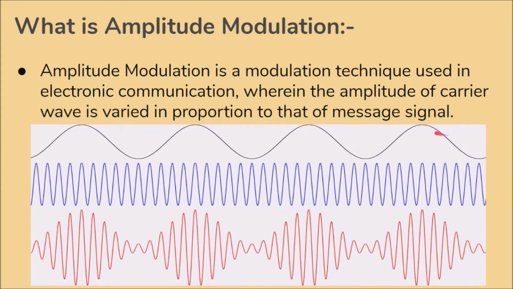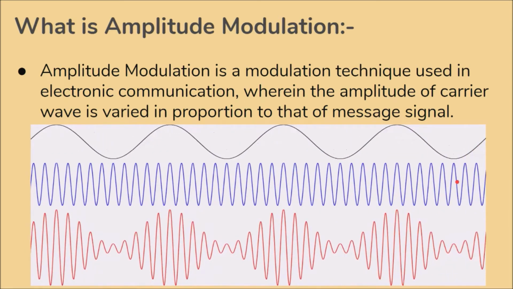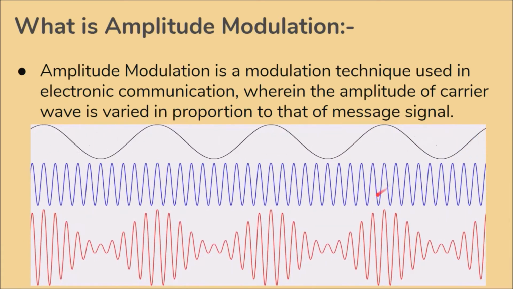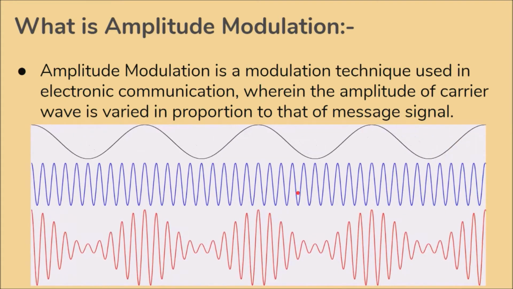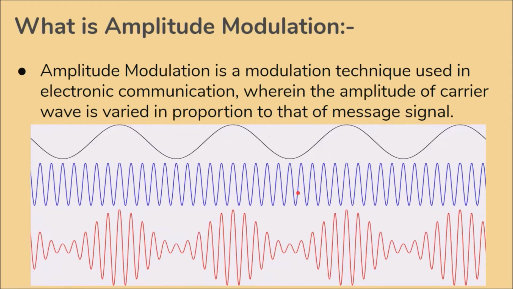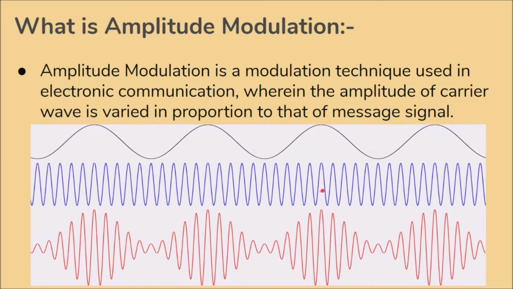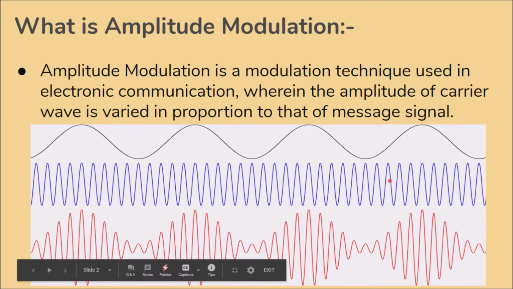Let's consider this first signal, colored in black, as our message signal. Let's consider the second signal, colored in blue, as our carrier signal. We can see that the frequency of the carrier signal is more than that of the message signal. If we multiply both of them, the output is the red wave given below.